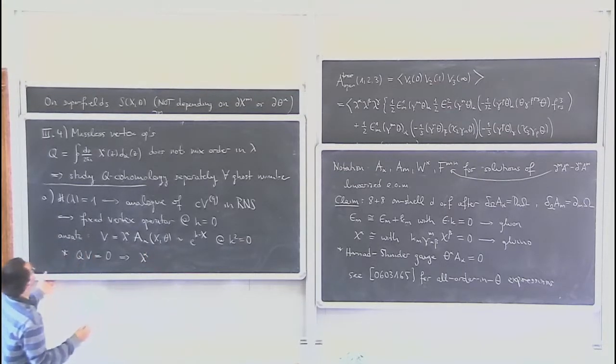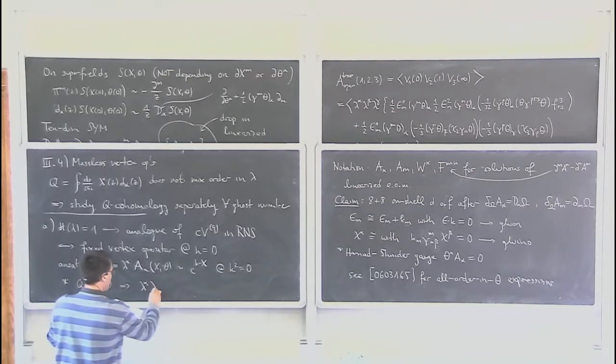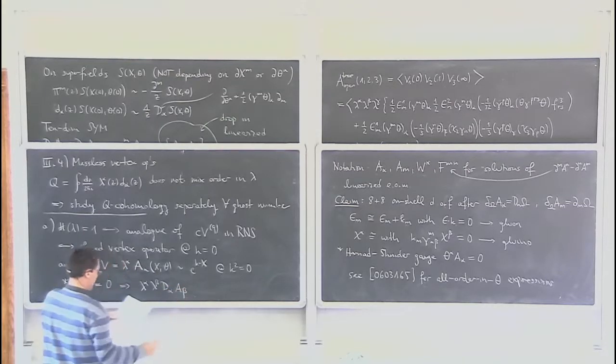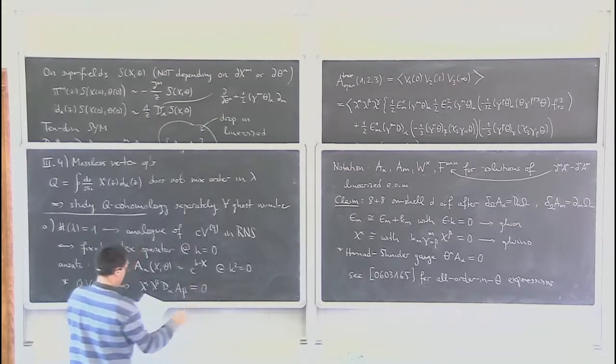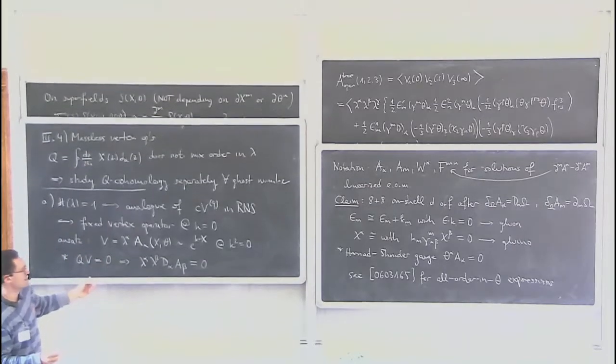Here we need the OPE of D alpha with an arbitrary superfield S. This capital S up there can be anything like A alpha or some later superfields. This OPE of D alpha will spit out a fermionic covariant derivative. Okay, so this is the condition for BRST closedness.